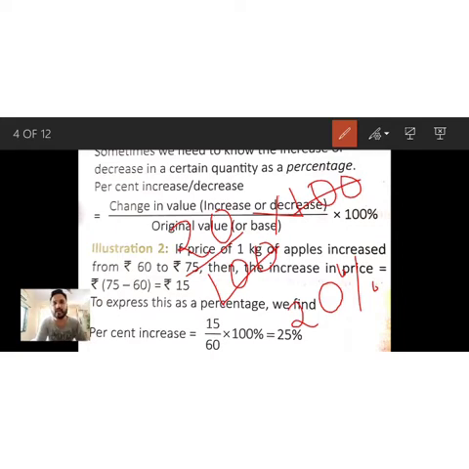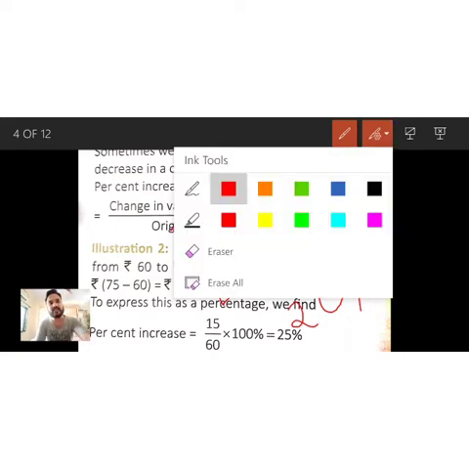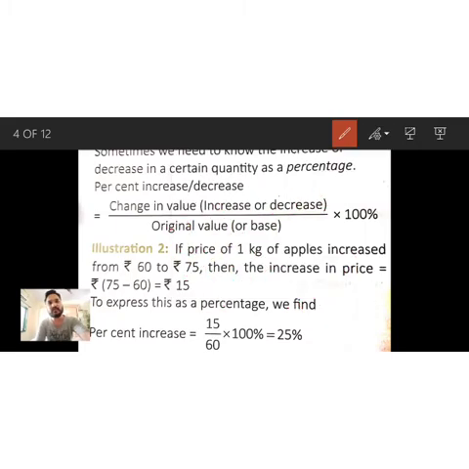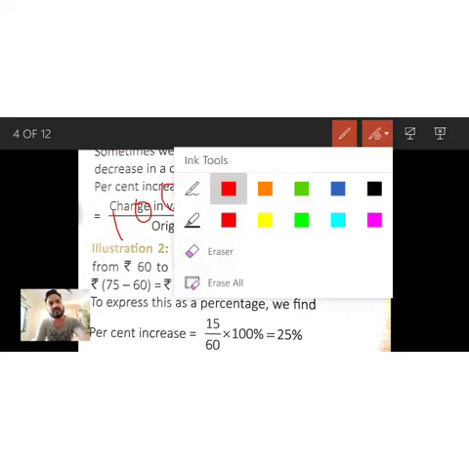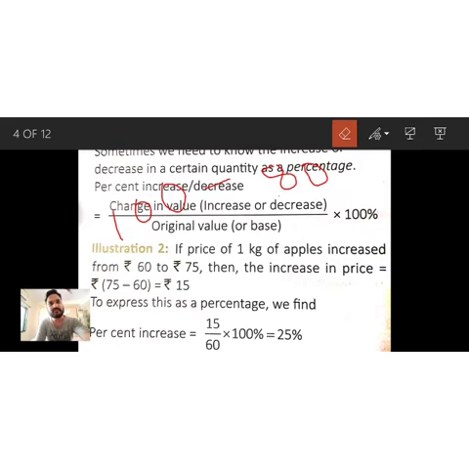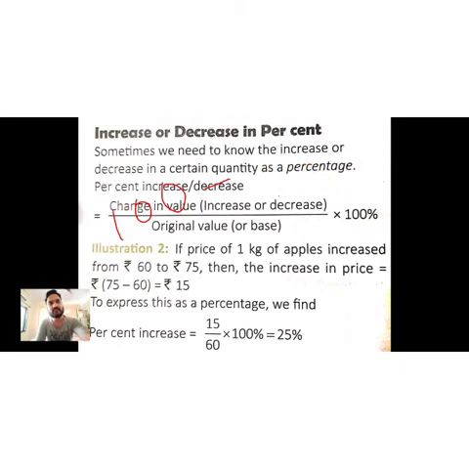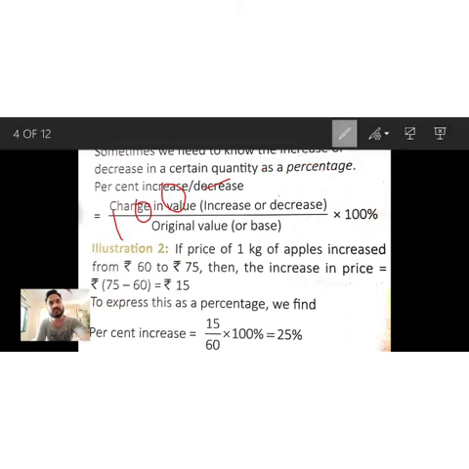Or if instead of an increase there is a decrease, suppose a thing costs 100 rupees, and its cost becomes 75. So how much decrement is there? A total of 25 rupees decrement. So what do we have to do?